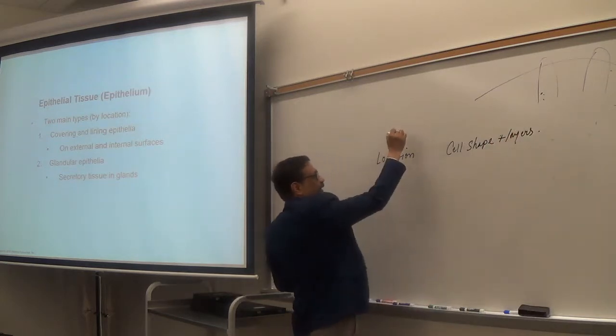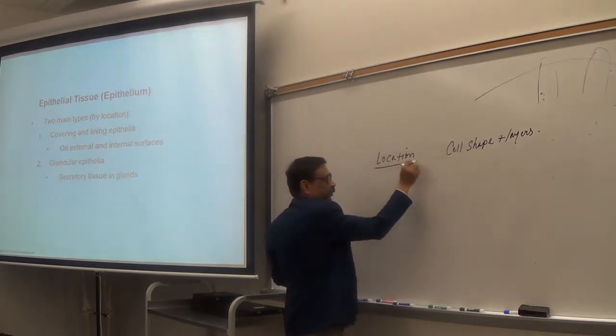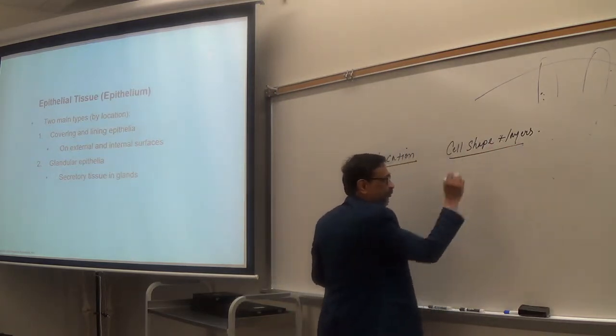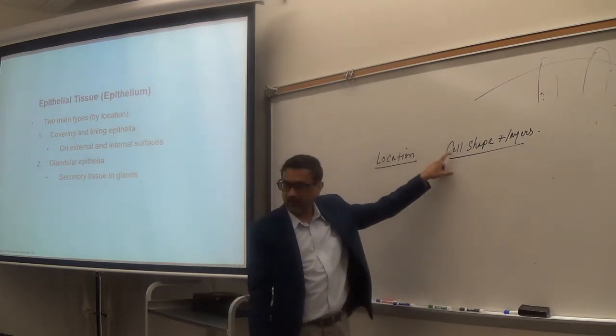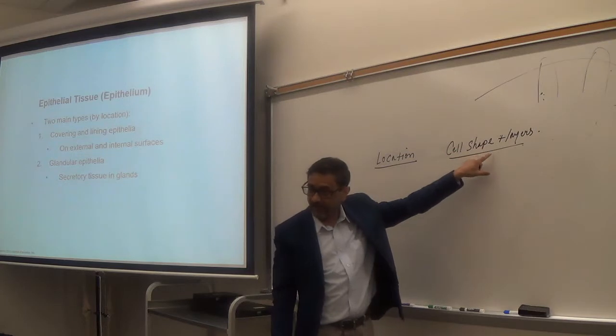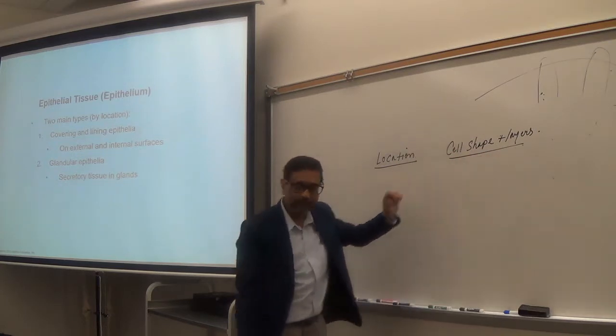So we classify the epithelial tissue in 2 different ways. One is by location, another way is by looking at the shape of the cells and layers.